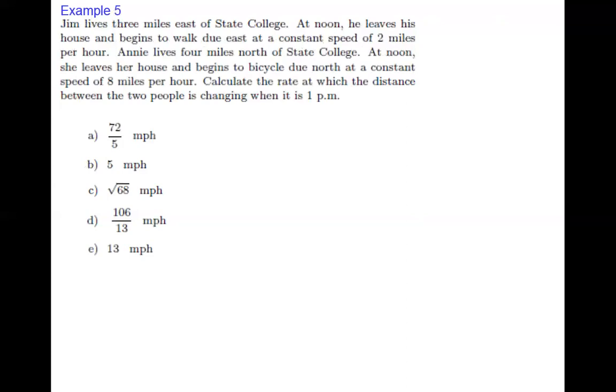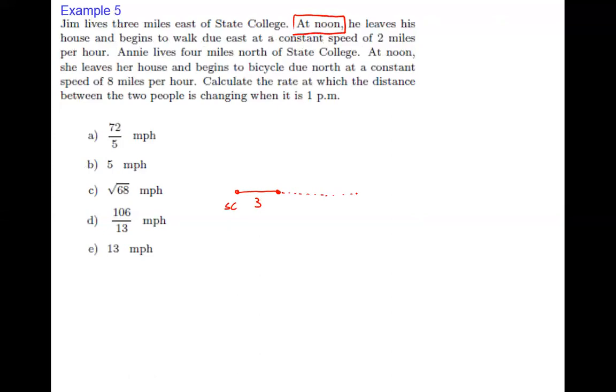Okay, that's the situation we have. Let's say this is State College. Jim lives 3 miles east. That means I can say this is 3 and that's Jim. And at noon, that's important, at noon, he leaves the house and begins to walk east.